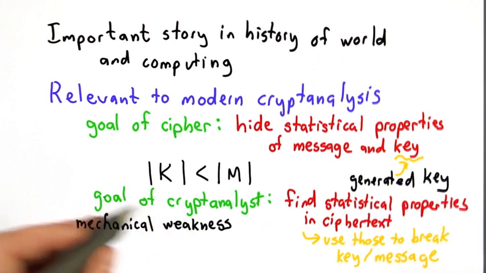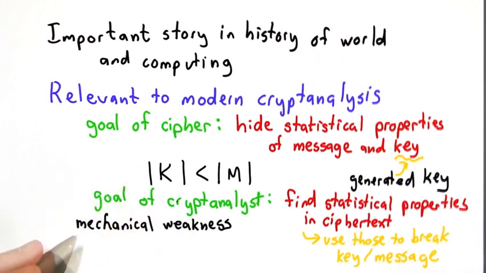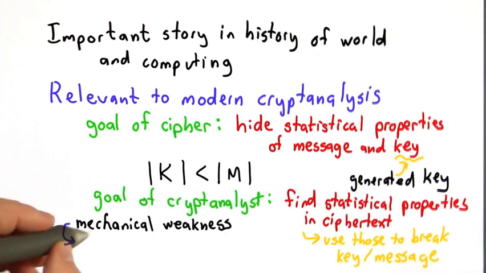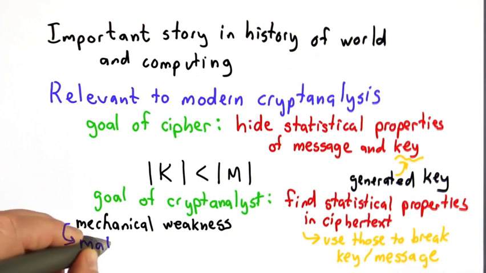And that meant that instead of having the long period with no repetition of 19 million letters that the users of the Lorenz machine thought it had, the Allies could break that down and find a pattern that was only 1,271 letters long, with many fewer configurations to try and many fewer guesses needed. In a modern cipher, we think of that as a mathematical weakness.